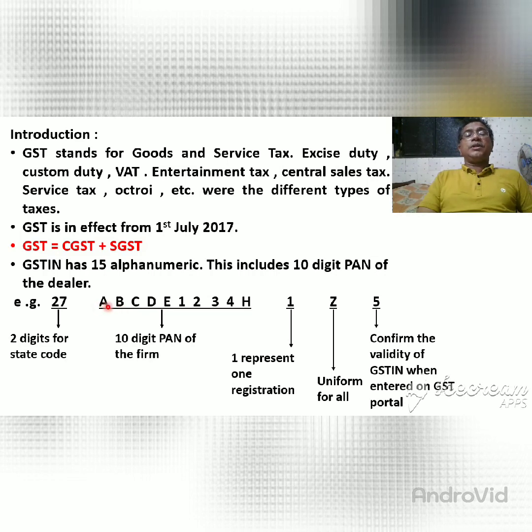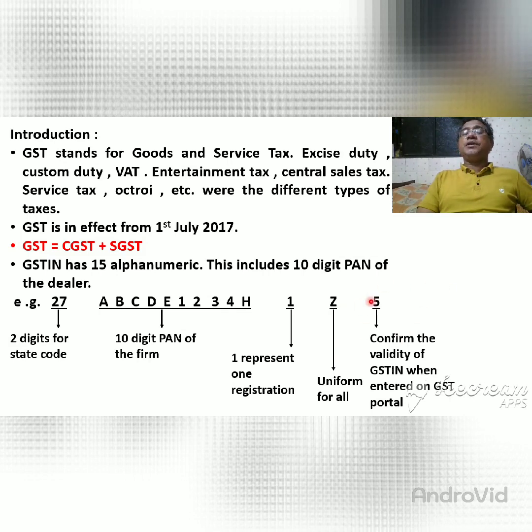After these two numbers, there are 10 numbers that indicate the PAN. Then the 13th number indicates the registration number. The 14th is uniform for all; it is the same in all states, so it is uniform.